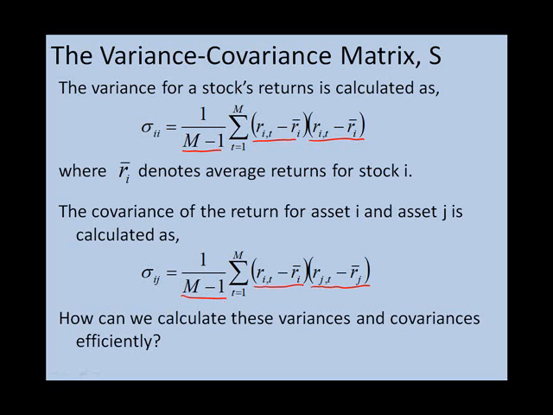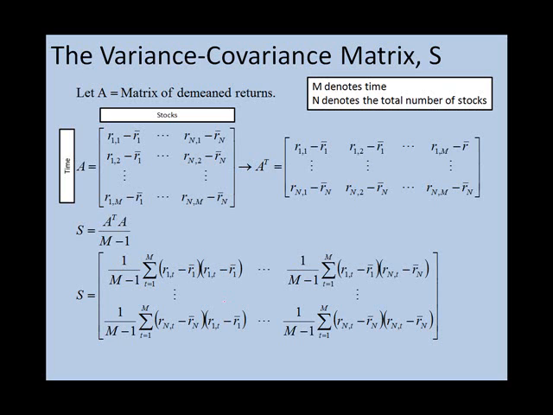The question is, how do we calculate variances and covariances efficiently, so in a quick way? We can use matrix algebra. Consider matrix A. Matrix A is a matrix of demeaned returns for all the stocks.